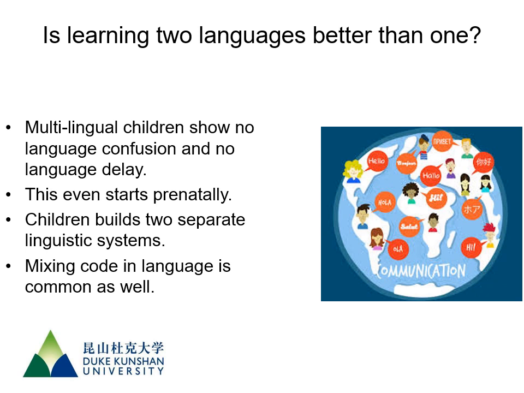So it turns out that if you learn two languages from a very young age, let's say as an infant, these multilingual children show no language confusion and no language delay when it comes to the number of vocabulary words they are learning.